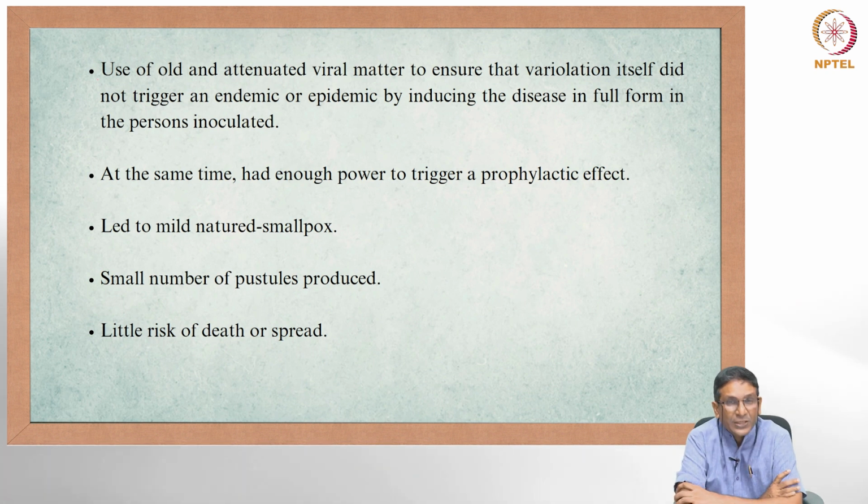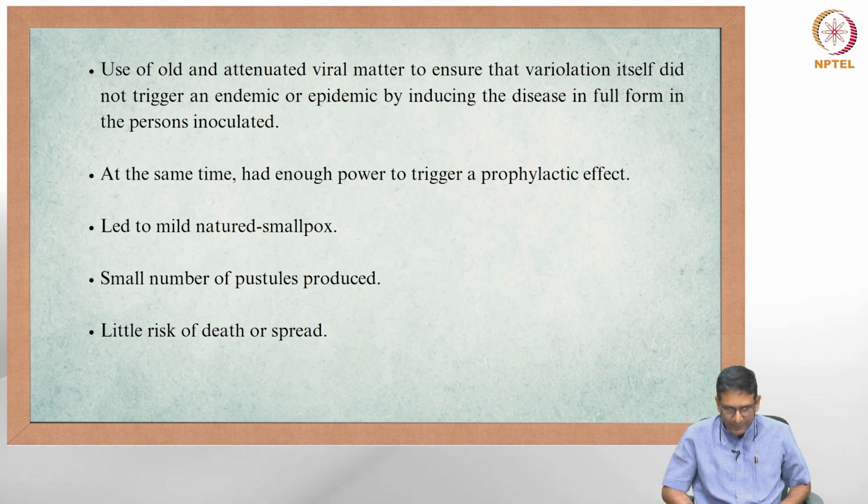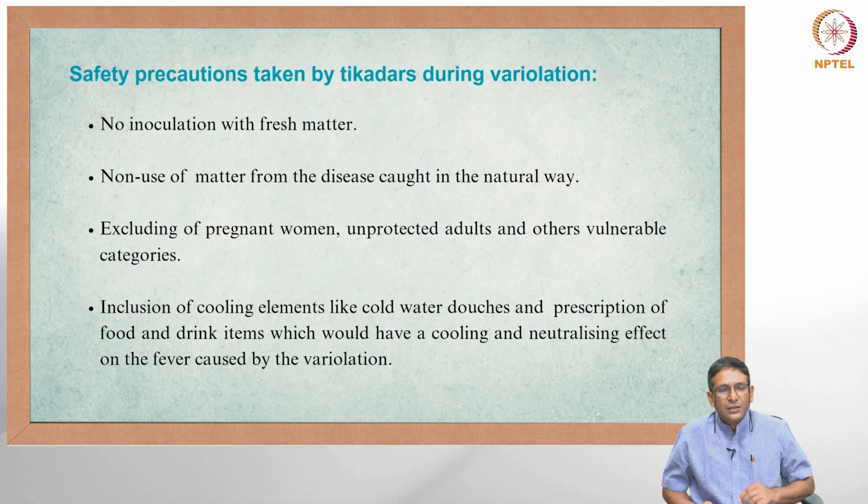This variolation led to only a mild nature since it was done with attenuated and old variolous matter. It led to only mild natured smallpox with a small number of pustules, and therefore there was hardly any risk of death to the patient because of the causing of this mild variant of the disease, nor would it spread and become an endemic or epidemic.